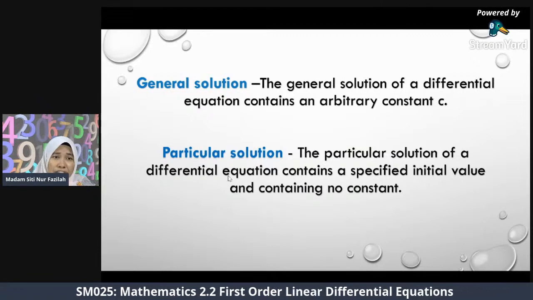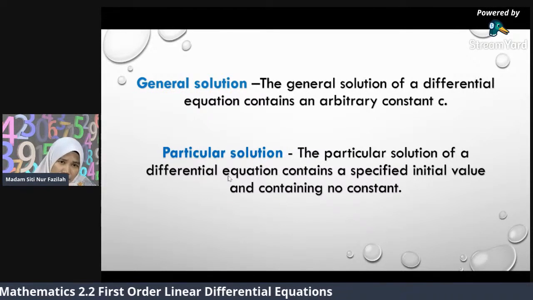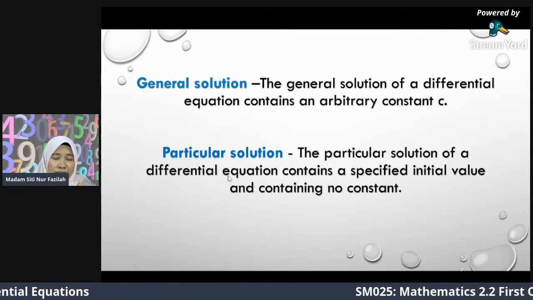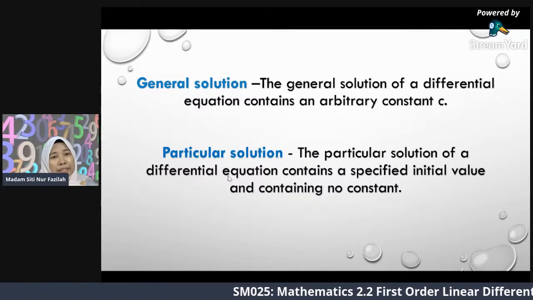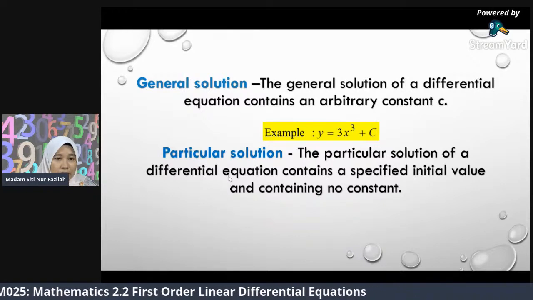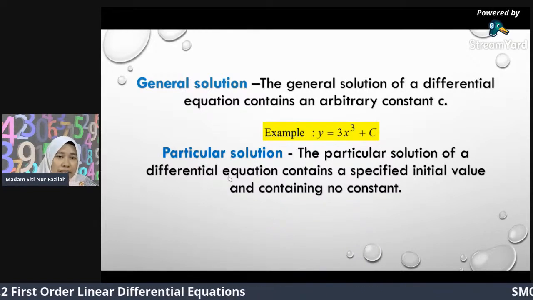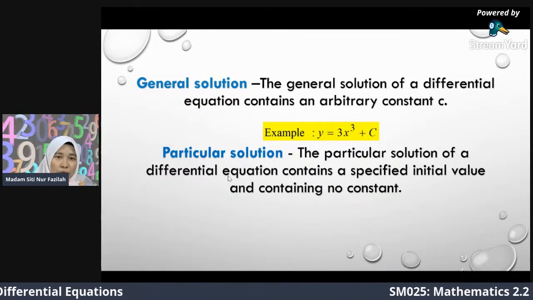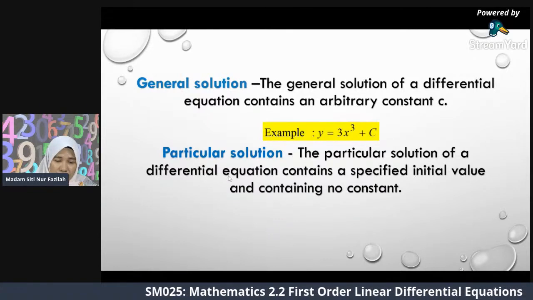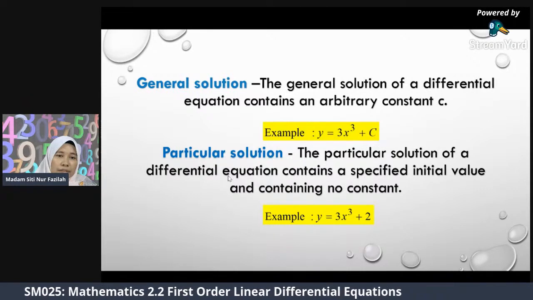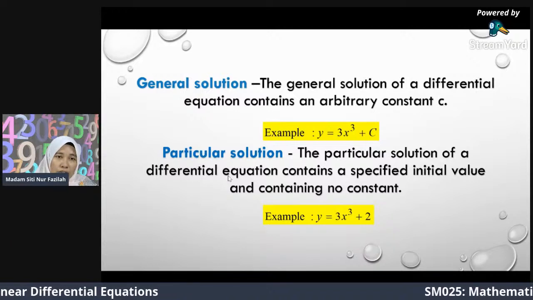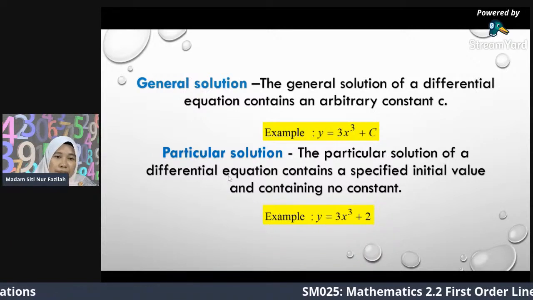The general solution of a differential equation contains an arbitrary constant C, for example y equal to 3x cubed plus C. The particular solution contains a specific initial value and has no constant, for example y equal to 3x to the power of 3 plus 2. The concept is the same as the separable variable.